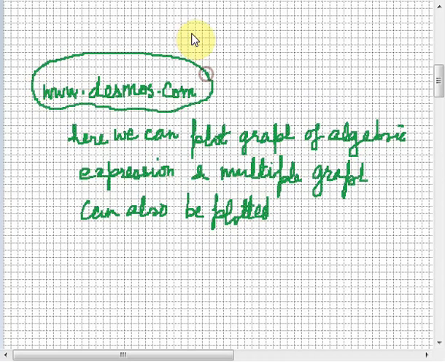Here we can plot graphs of algebraic expressions, and multiple graphs can also be plotted. So use this website to build understanding of this transformation of functions.